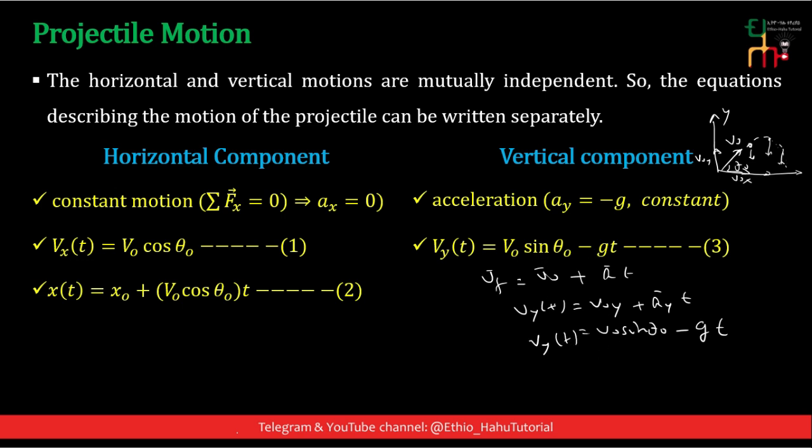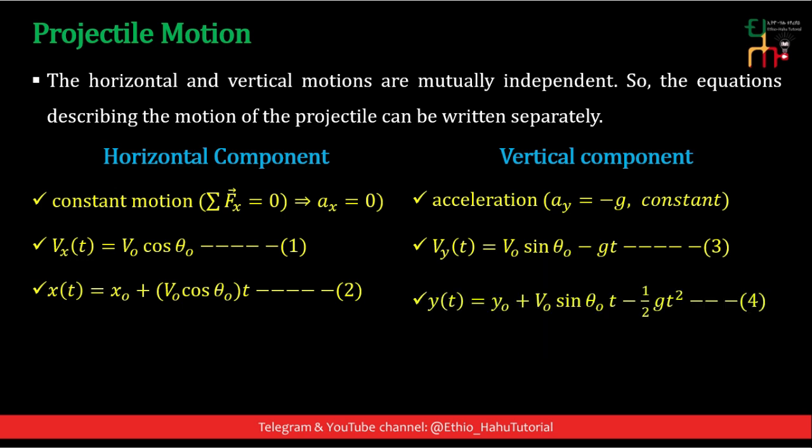Therefore, the y component of the velocity at any instant of time is V naught sine theta naught minus gt. The displacement at any instant of time t along the y direction is equal to y naught plus V naught sine theta naught t minus half gt squared. This means y of t is equal to y naught plus V naught y times t plus half times ay t squared.